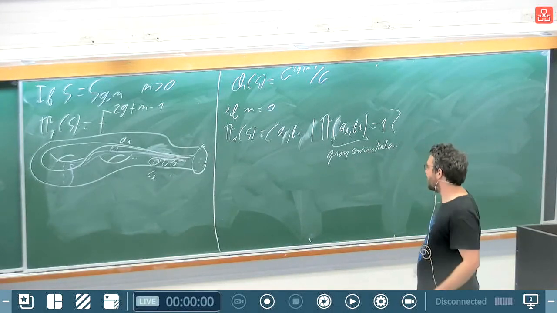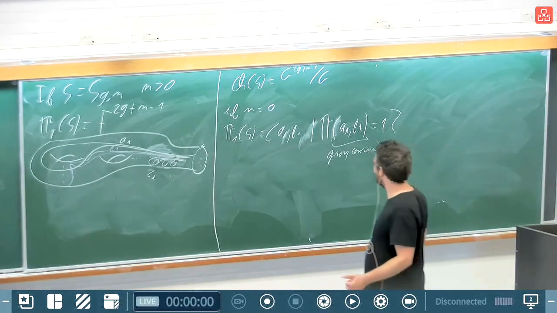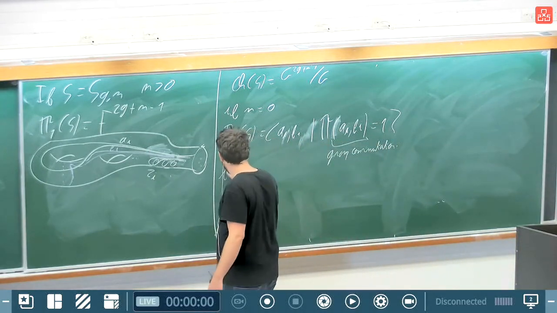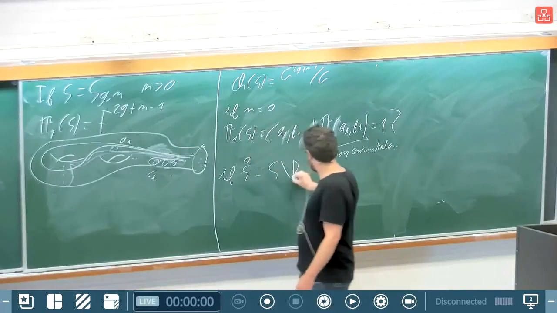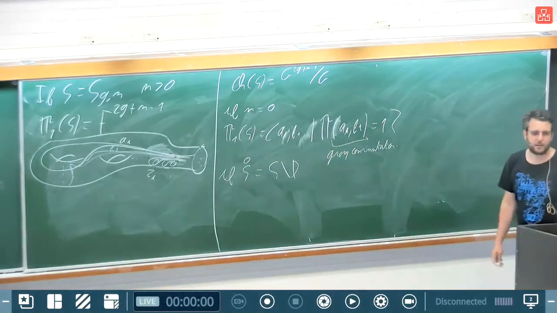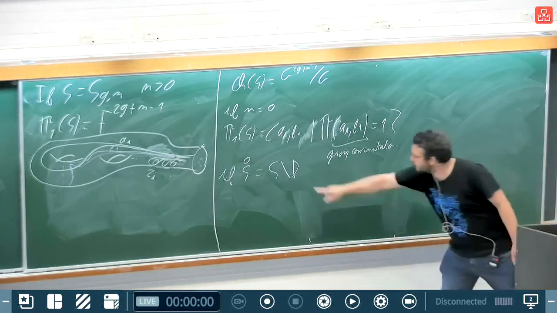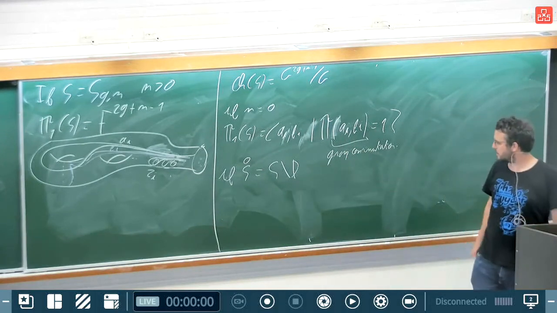So again, there is a fancier way to formulate that. Say S naught is, I take S and I just cut out a disk. So now this has one boundary component.